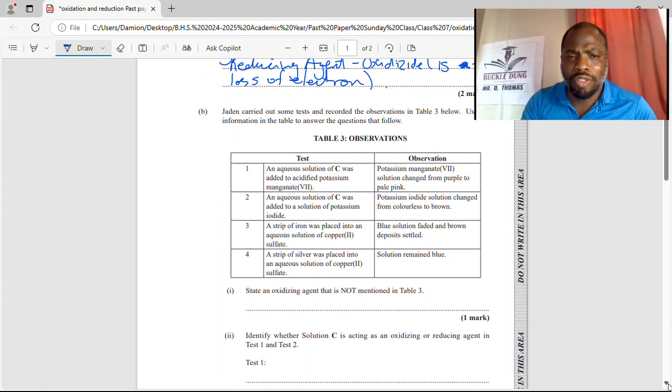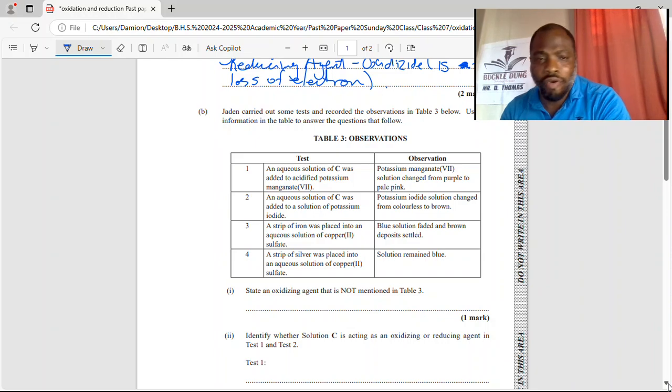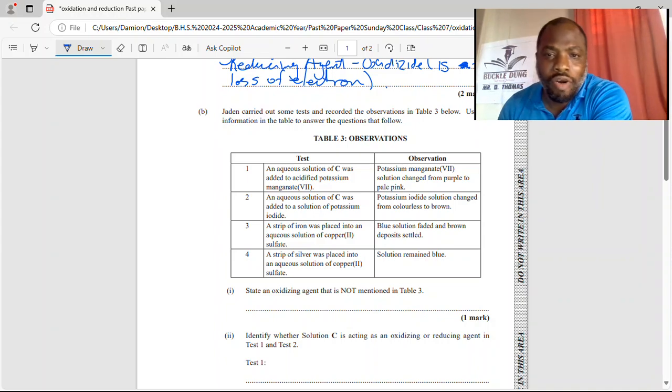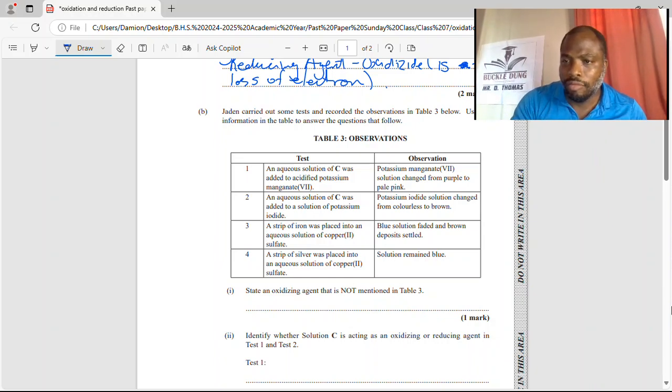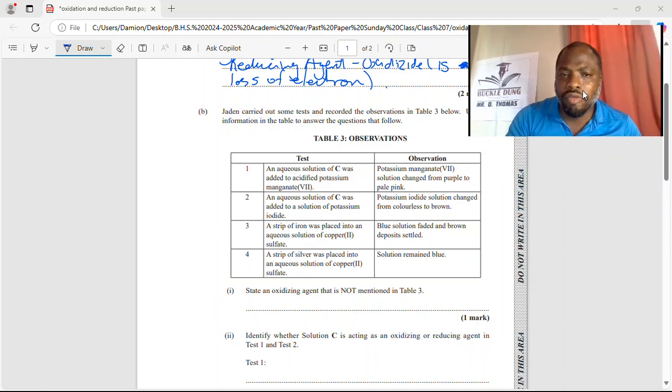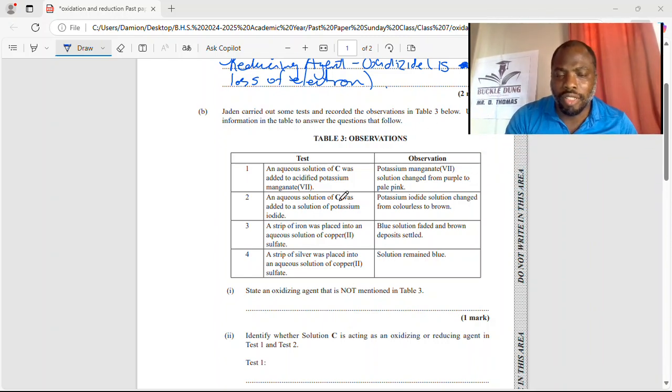Every mickle makes a muckle. Jaden. No, not the youth from TikTok. Jaden carried out some tests and recorded the observation in table 3. So Jaden did their work and he used this information to answer the questions that follow.